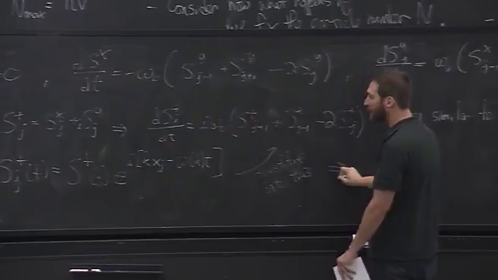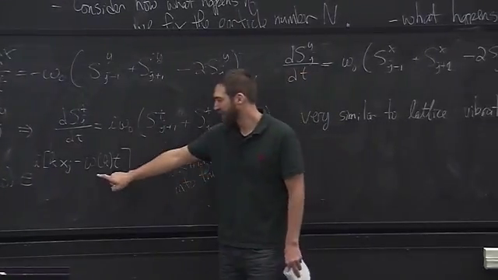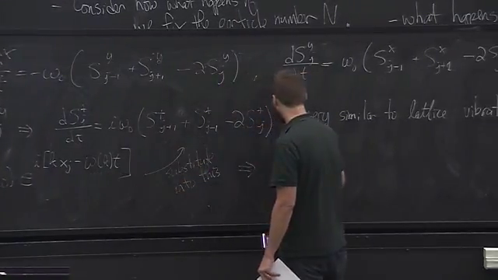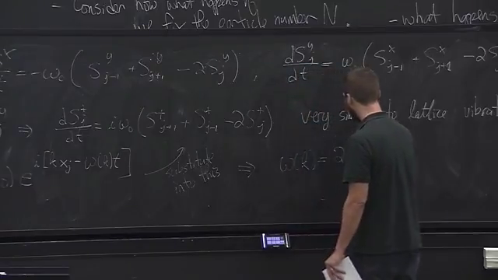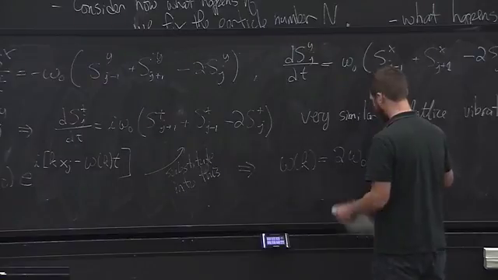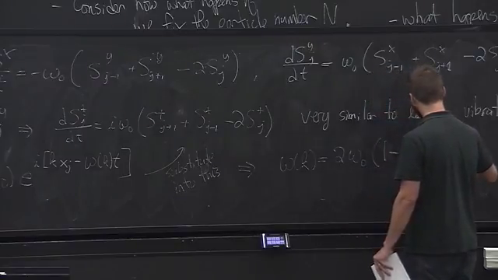And you'll get a solution if that k-dependent frequency is equal to something. It's going to be 2 omega naught 1 minus cosine Ka.